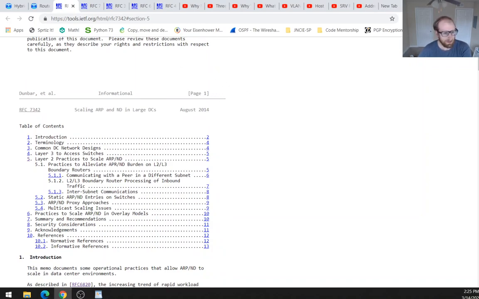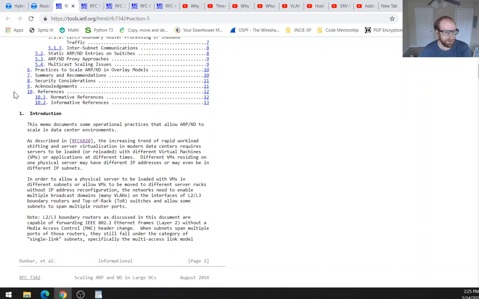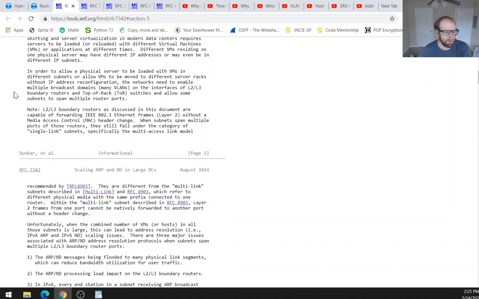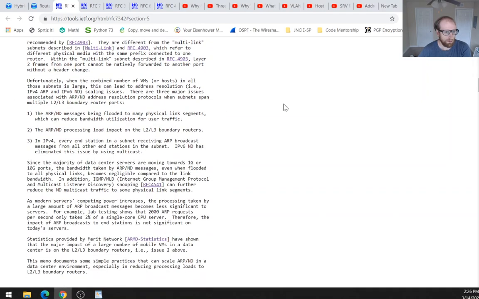I think depth is obviously important, but relevant depth is more important in my opinion. Let's see here. So that's what I'm looking for, is relevant depth.